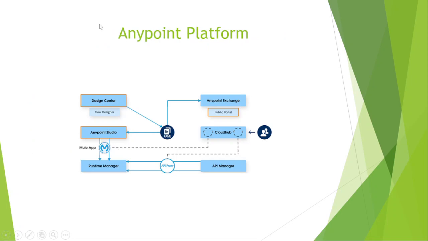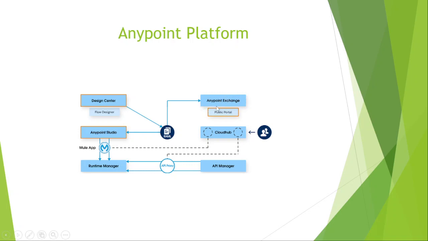Now, this diagram is going to be important for understanding. As already discussed, Design Center is used to design the API, and this is going to be in RAML language, which we will see in upcoming classes. Once we have created the API, we publish it to Anypoint Exchange.